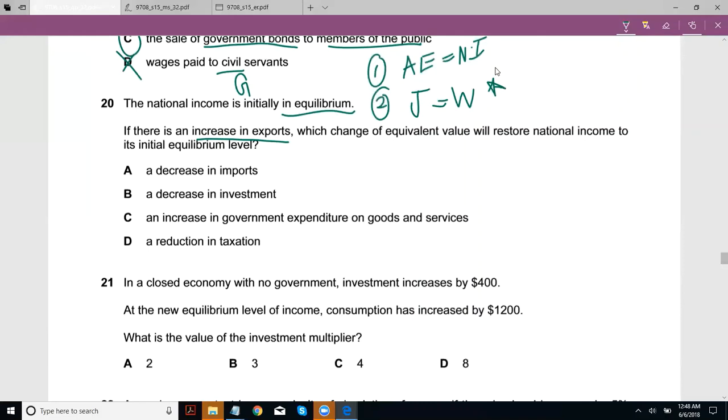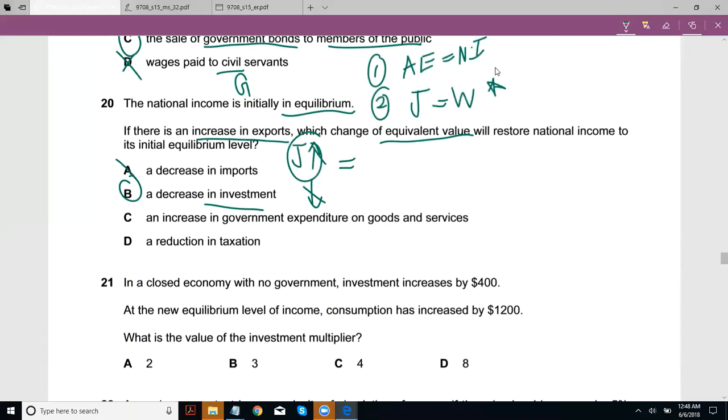So increase in exports means injections went up, and they want to see how a change of an equivalent value will restore national income to its initial level. So if you look at this, I believe it can be B, because if you decrease investment, then that's an equivalent value. It decreases your injections, so your overall change is nothing, and hence you're back in equilibrium.